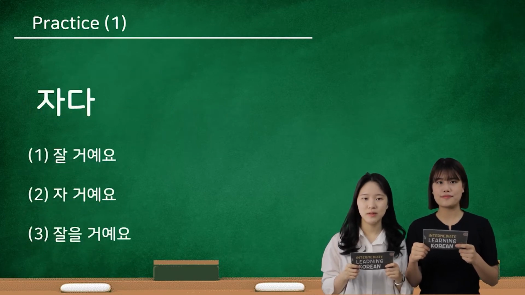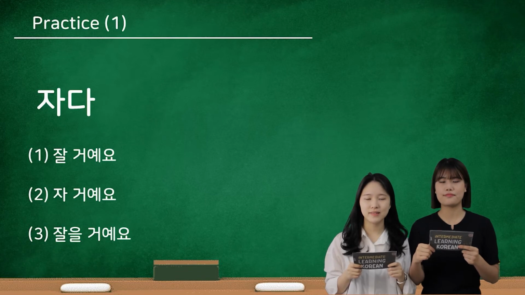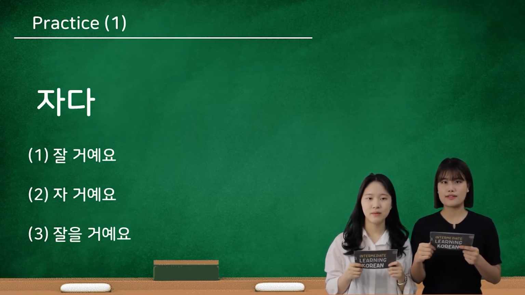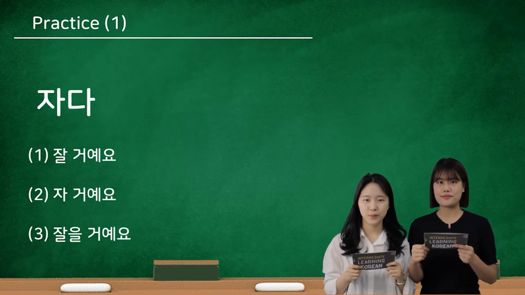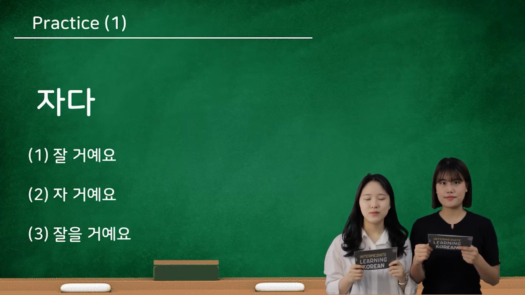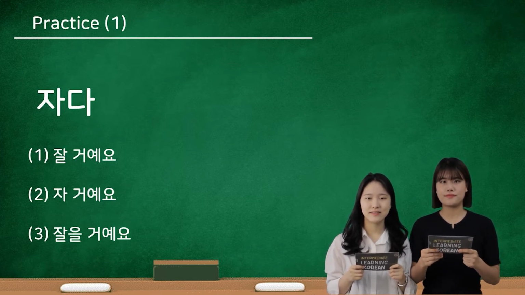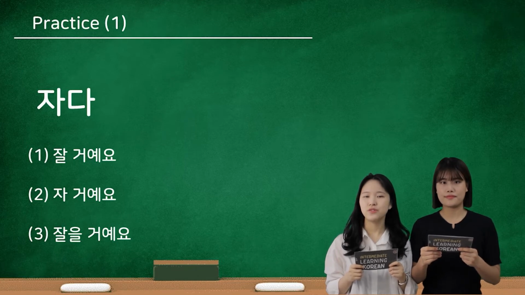Yes, next problem is the problem of changing the basic form verb or adjective by applying 을 거예요 and 리을 거예요. Okay, let's solve the first problem. 자다. What should we change 자다 to?